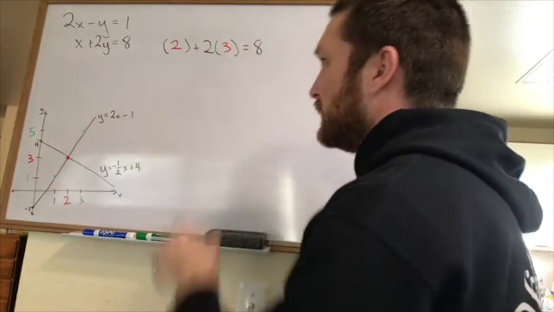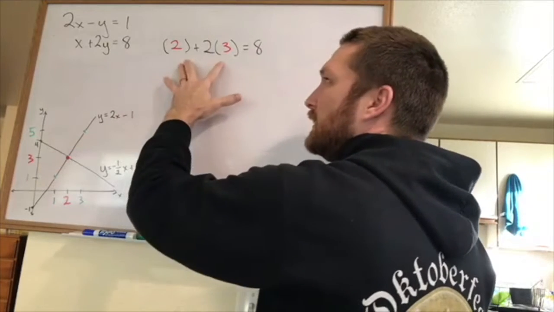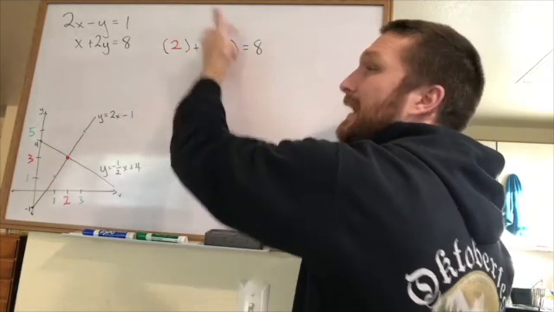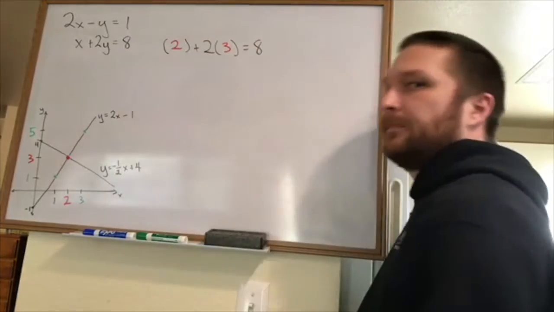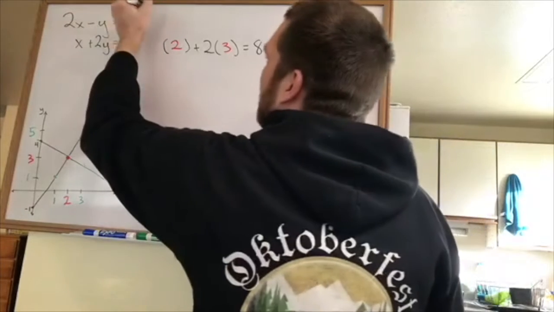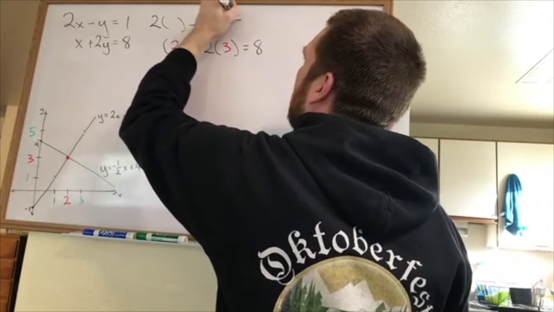In other words, when you plug in the point that makes it true, you end up with something that's obviously true. Again, we just have something that says 8 is equal to 8. Obviously, that's true, right? So we do the same thing with the top equation, and we get something like this.